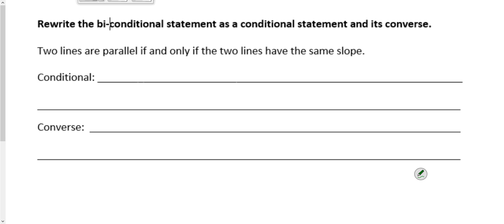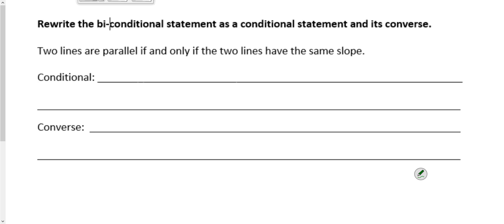All right, the next one, our last one, we need to rewrite the biconditional statement as a conditional statement and its converse. So now we're taking apart one that's already a biconditional, an if and only if statement, and writing the conditional and converse.